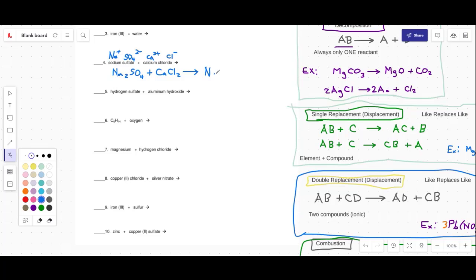And chlorine has a -1 charge. So if sodium is a +1 and chlorine is a -1, what's the formula for sodium chloride?